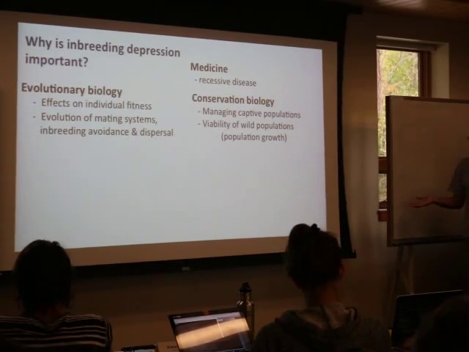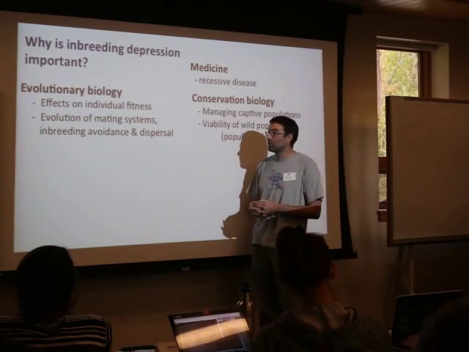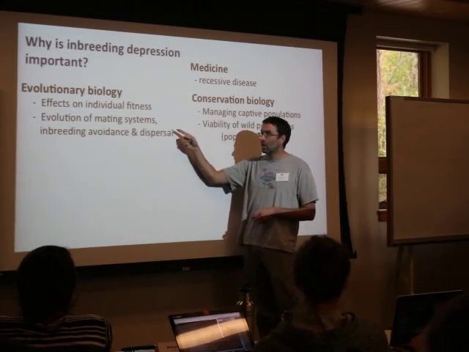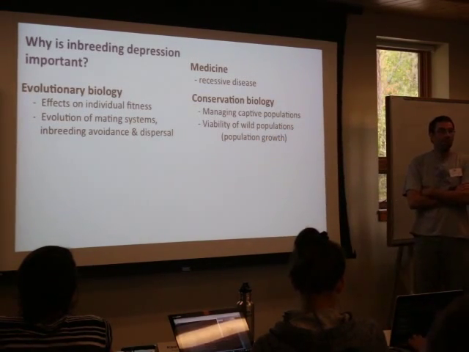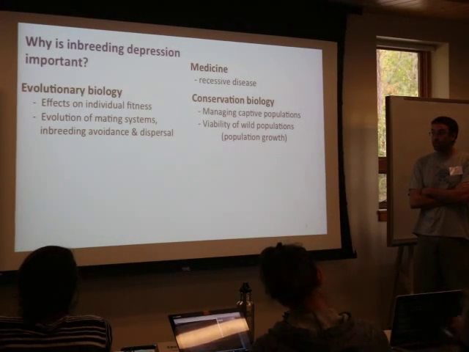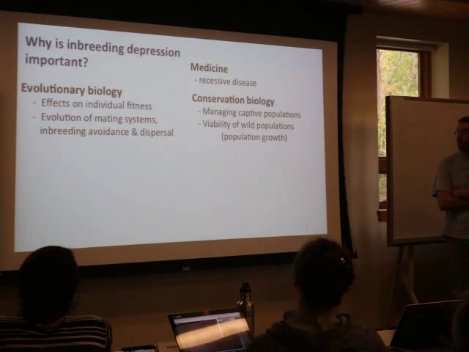So why do we care about inbreeding depression in various fields? In evolutionary biology, we care because inbreeding affects individual fitness, and specifically, inbreeding depression is thought to strongly affect the evolution of mating systems and the evolution of behaviors to avoid inbreeding, and dispersal.